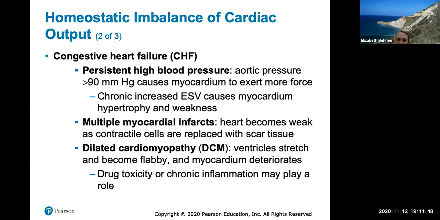With multiple MIs, or heart attacks, the heart becomes weaker as contractile cells are replaced with scar tissue. When contractile cells are damaged from a heart attack, they're not replaced with more contractile cells, just scar tissue. Dilated cardiomyopathy is when your ventricles stretch and become flabby and the myocardium deteriorates. This could be due to drug toxicity or chronic inflammation.